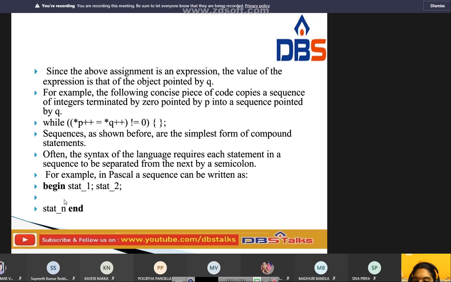The syntax of the language requires each statement to be separated from the next by a semicolon.